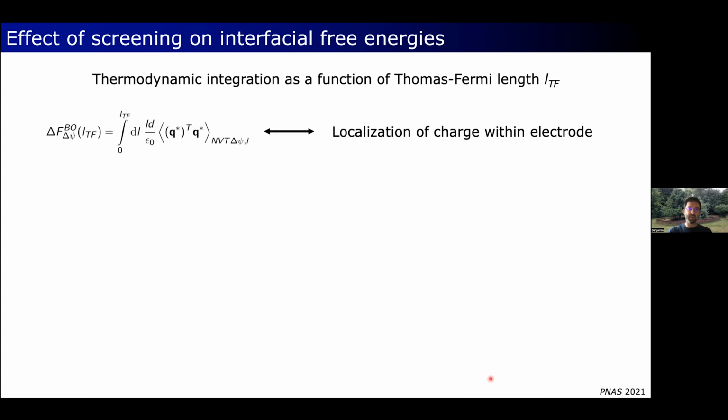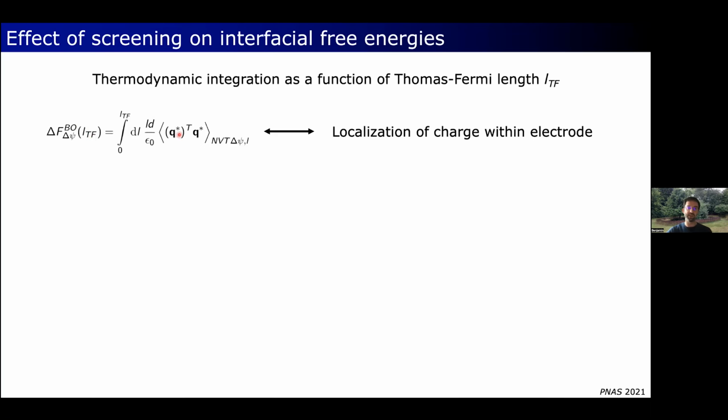Coming back to the statistical mechanics of the fluctuating charges in the constant potential ensemble, we proposed a new thermodynamic integration scheme as a function of the Thomas Fermi length, which relates the change in the free energy when we change the Thomas Fermi length to the localization of the charge within the electrode.